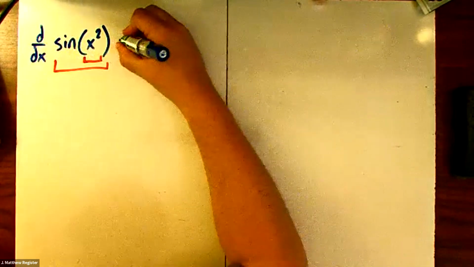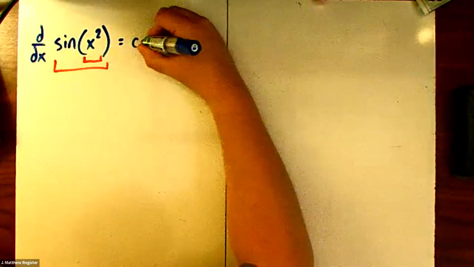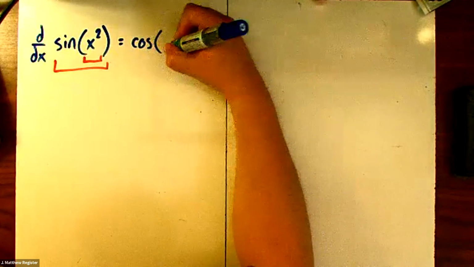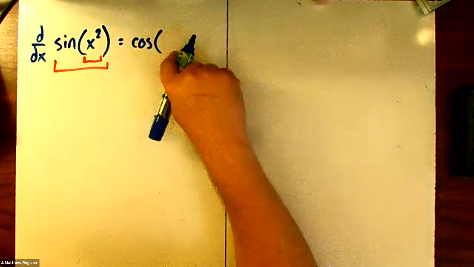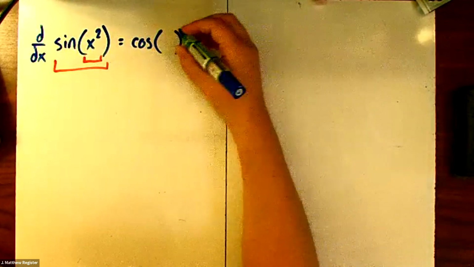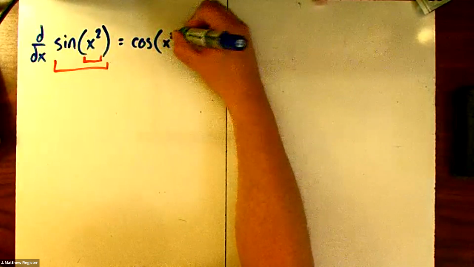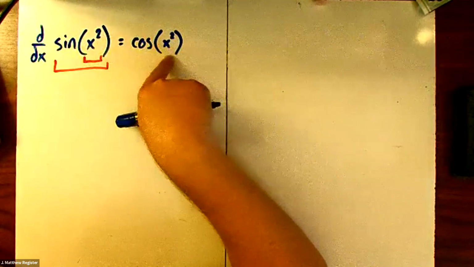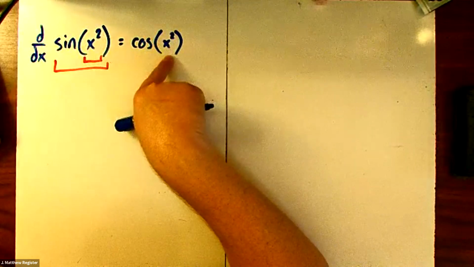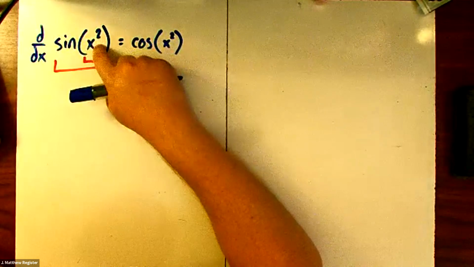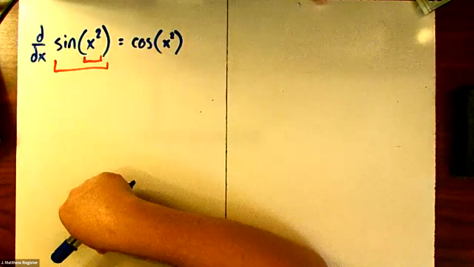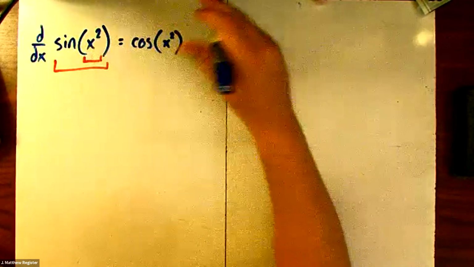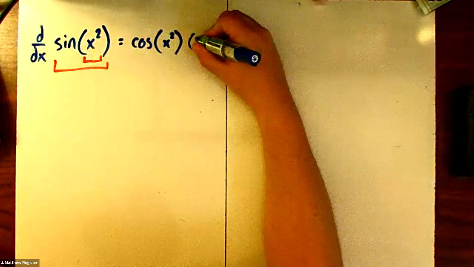So the derivative of sine is cosine. But this is not going to be cosine of x. Instead, this is going to be the cosine of x squared. This stuff that's on the inside, it stays on the inside. And then we multiply by the derivative of the inside bit. So the derivative of x squared is 2x.